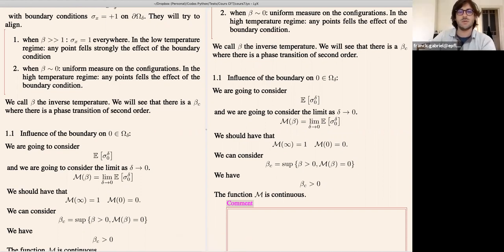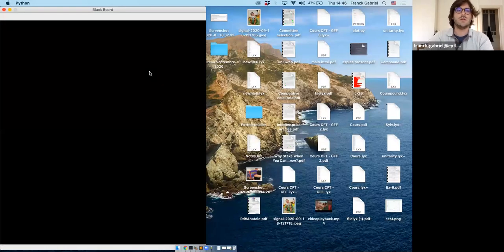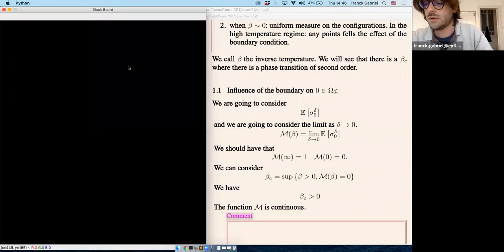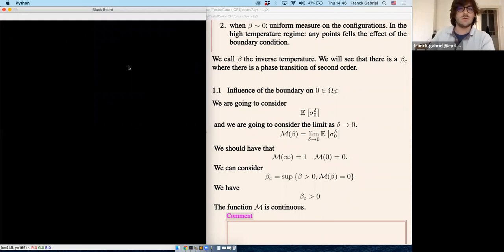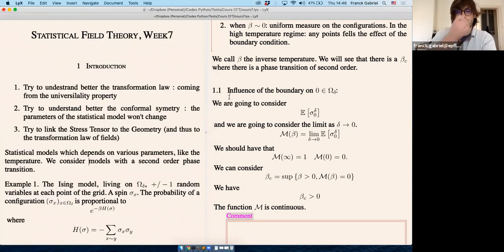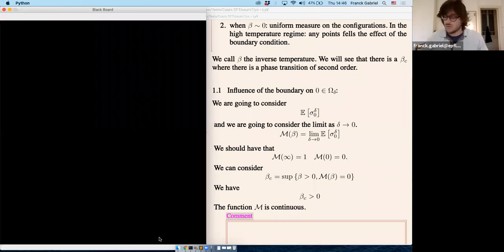Yep, it's not working. Okay, so I need to stop. Stuck. Sorry. Okay, it doesn't want to show anything. Okay, let me try again. So this function, let me tell you a little.